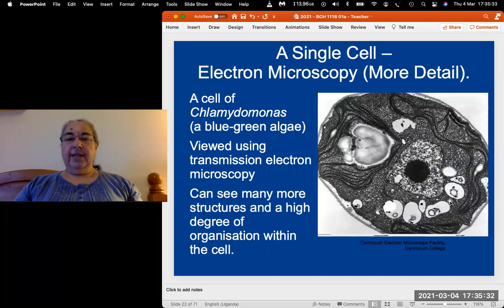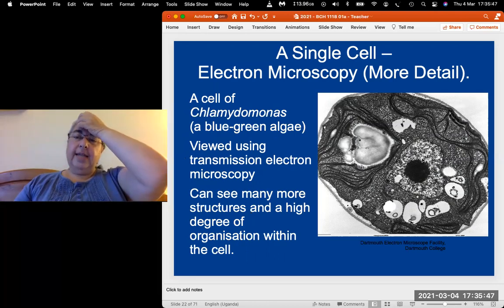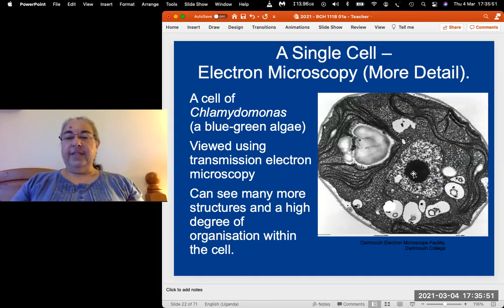So here is another cell that we're looking at in more detail. This is a single-celled organism called Chlamydomonas, which is a green alga, a type of plant cell, if you like. And here we're looking at a photograph of the cell seen using an electron microscope. Electron microscopes give much higher resolution.